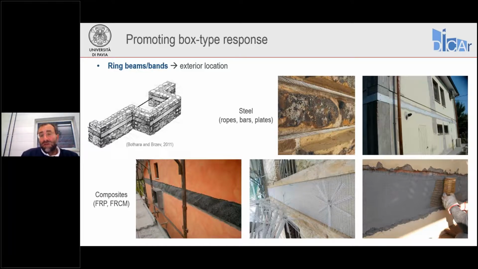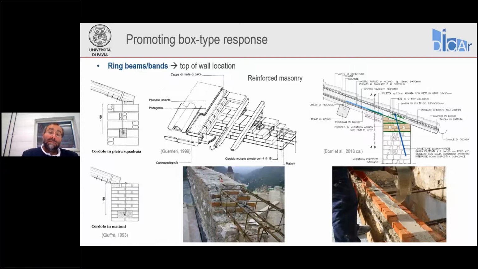In this case, they don't help transferring the dowel and tie forces into the diaphragm, of course, because these elements located outside are not in contact with the diaphragm itself.